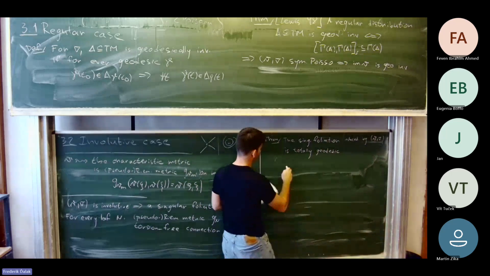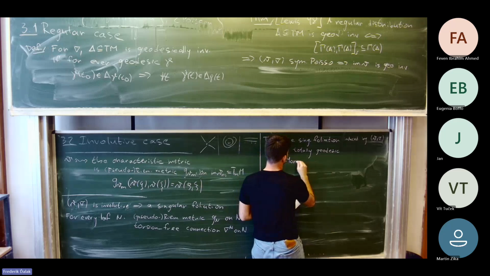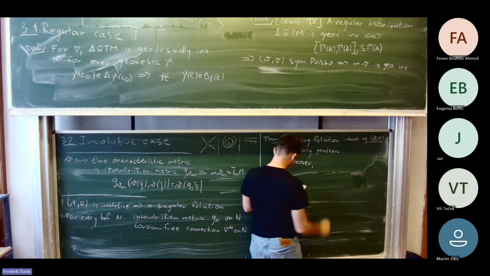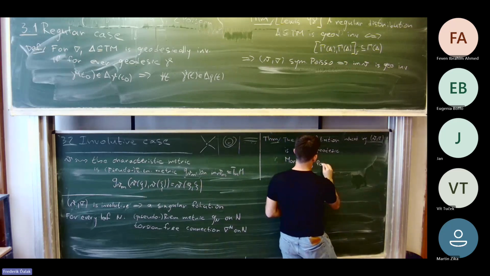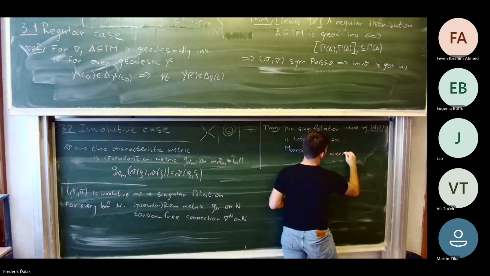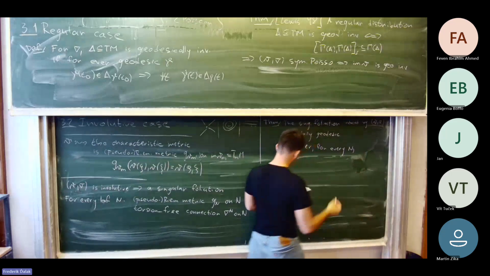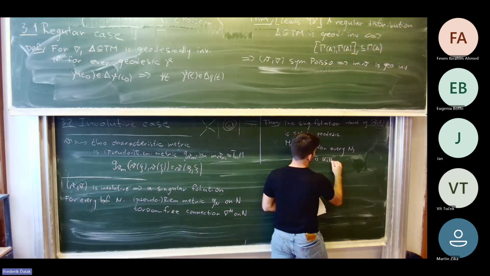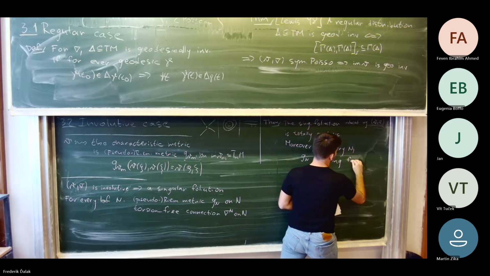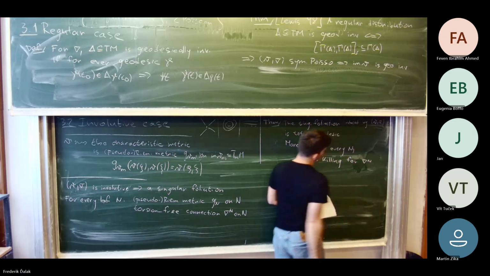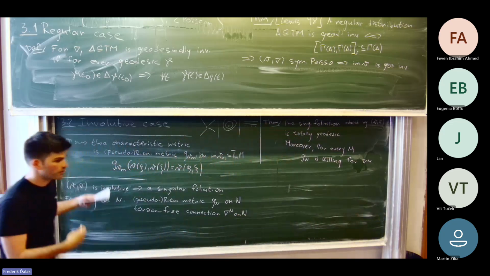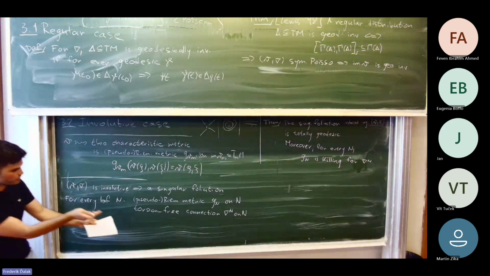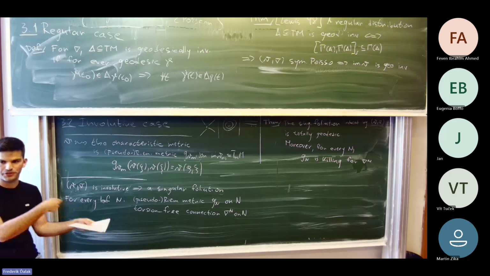Okay, and that's not all, because I also have the characteristic metric. Moreover, for every leaf, this g_M is parallel for the leaf connection. So one could think that perhaps these torsion-free connections would be the Levi-Civita connection of the characteristic metric.